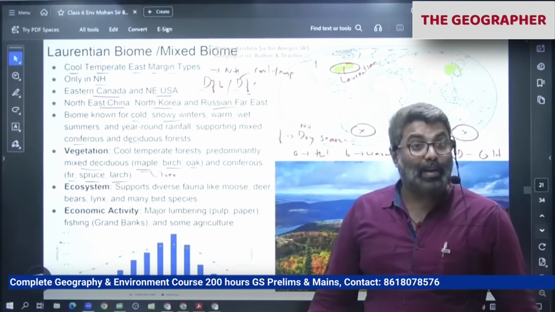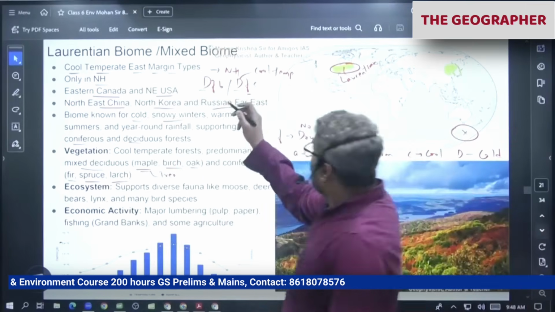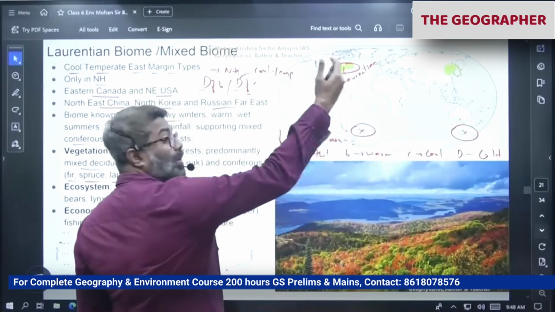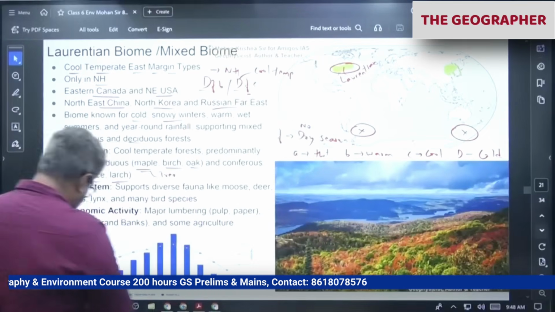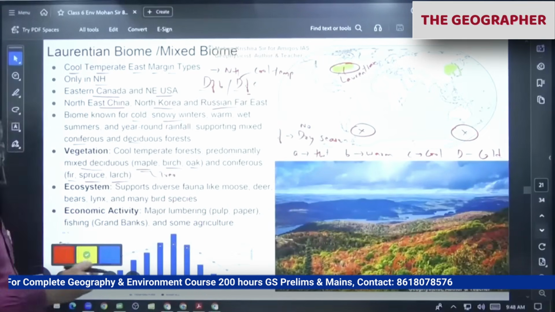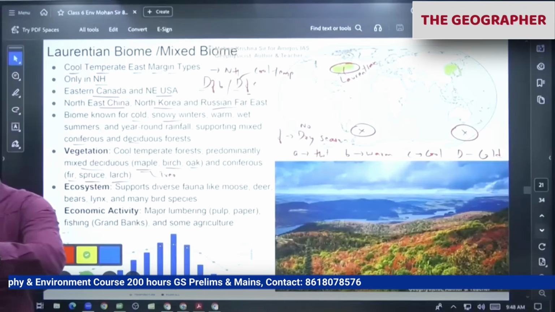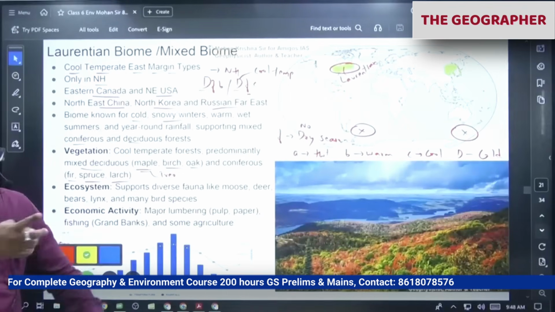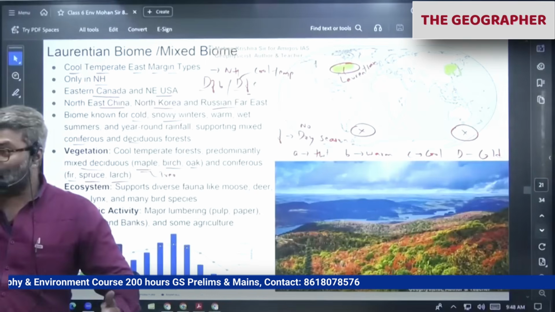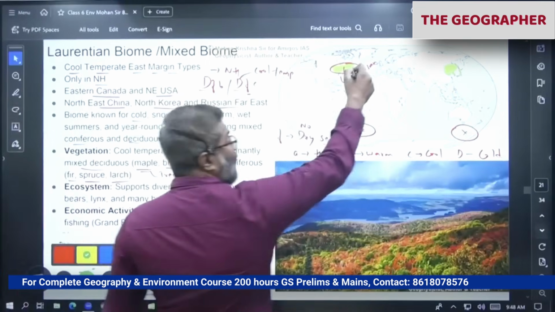Do you all remember Grand Bank, fishing banks? When the warm current and cold currents meet, do you all remember that class, ocean currents? I was telling you, warm current, cold currents meet, a fishing zone is formed. We had discussed all the fishing zones of the world. So here we have one fishing zone called Grand Bank.